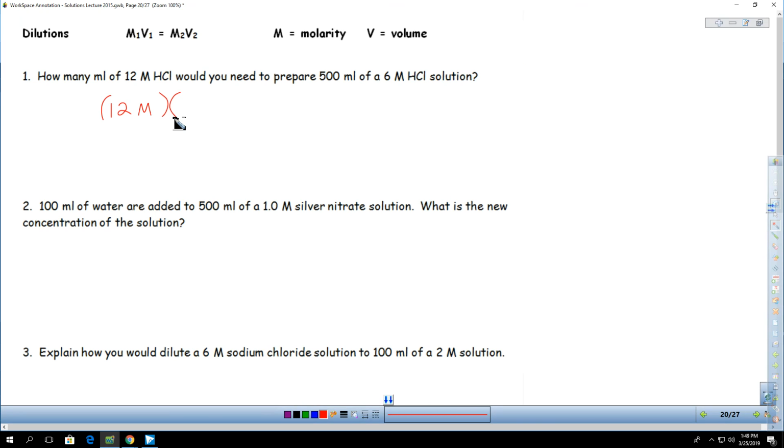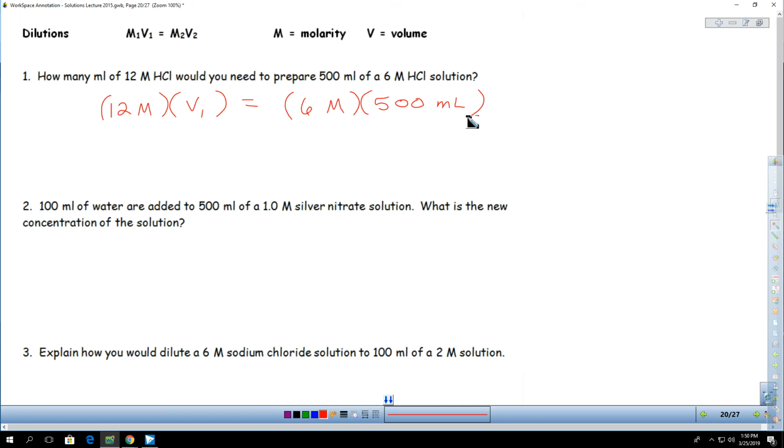For now, I'll plug this in as V1. It says how many milliliters, which is going to be my initial volume. How much volume of that 12 molar should I use if I want to prepare M2? I want it to be 6 molar. And then V2, I want 500 milliliters.